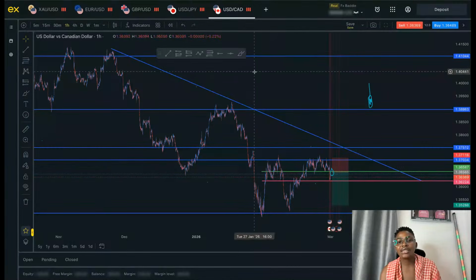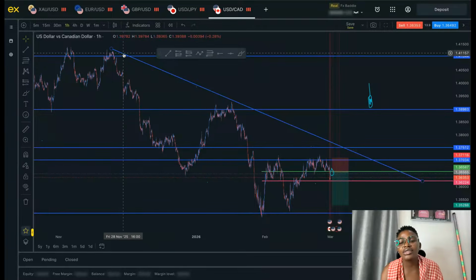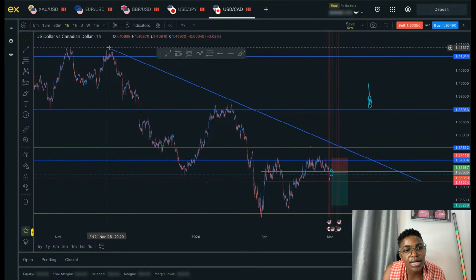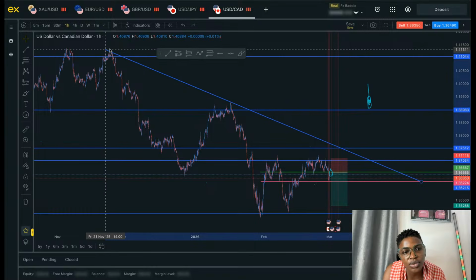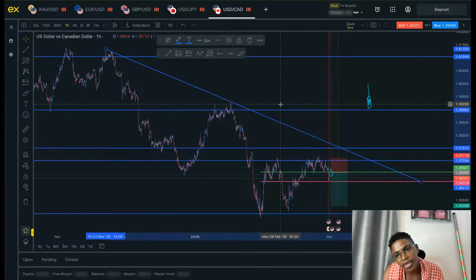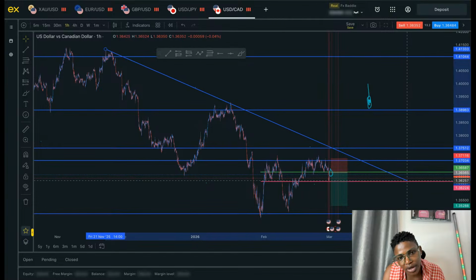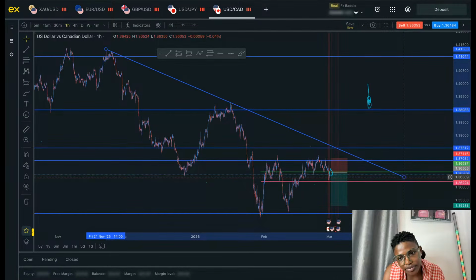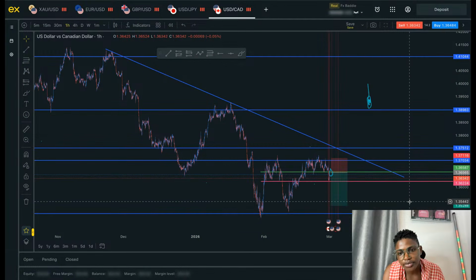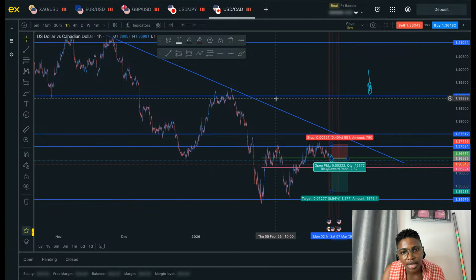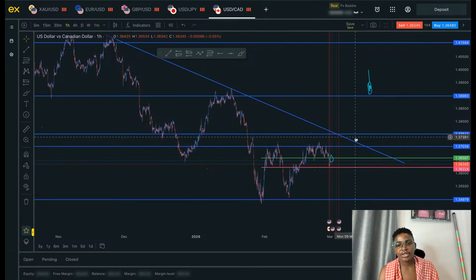So as of now, we can still see that this trend line we drew on the 4 hours. Let me try to adjust it to touch the wicks on the 1 hour. So our trend line is still valid, right? I'll take this out.